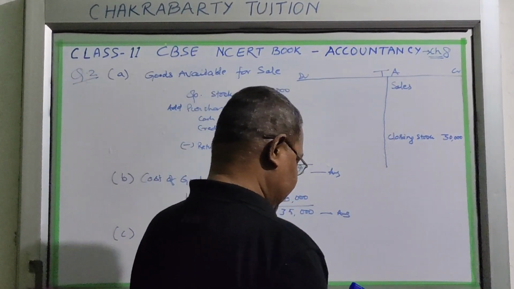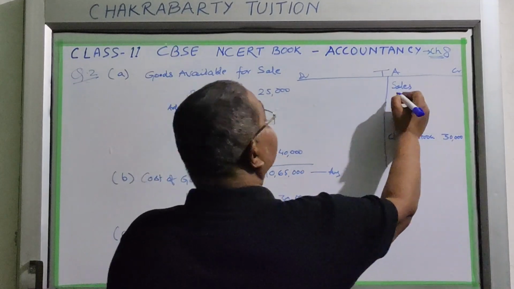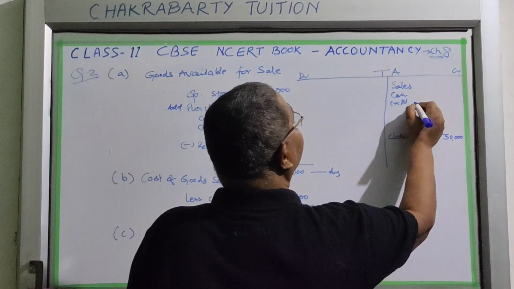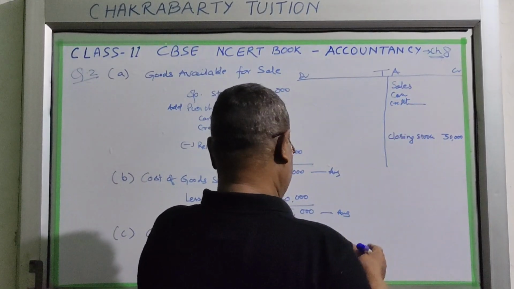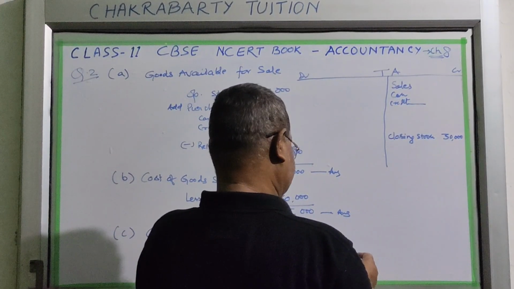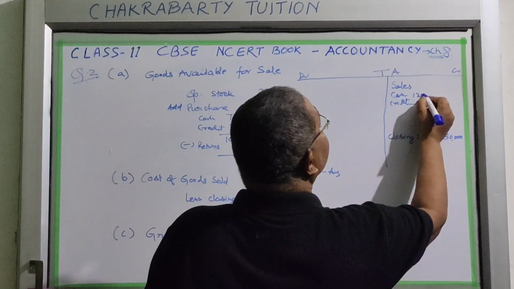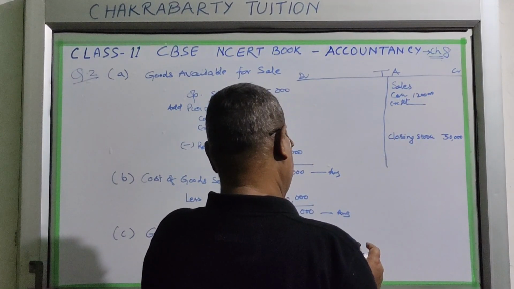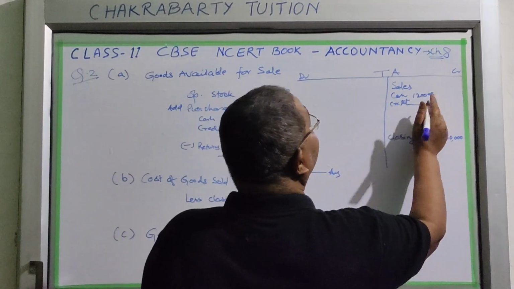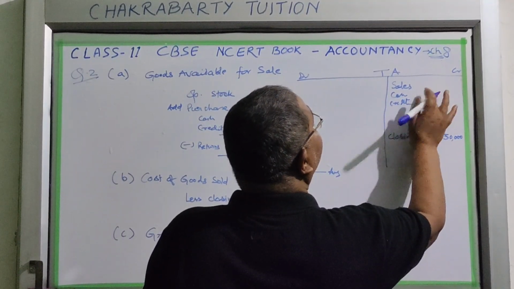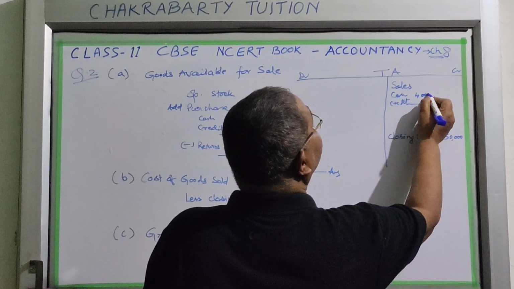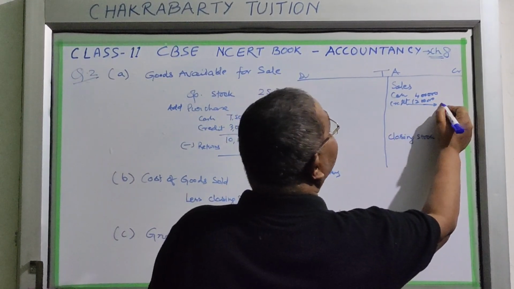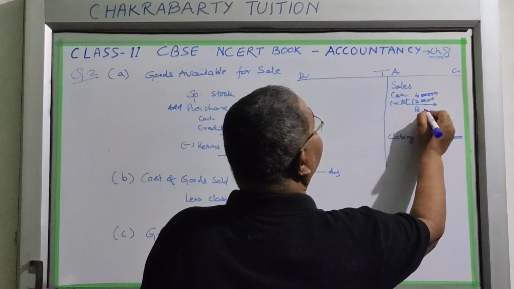In this question, sales are of 2 types: cash and credit. You take both types. Cash sales are 12 lakhs and credit sales are 4 lakhs, so altogether 16 lakhs.